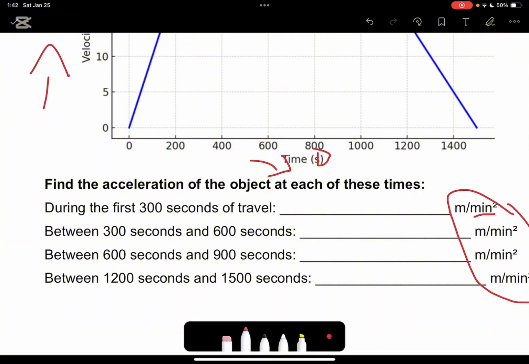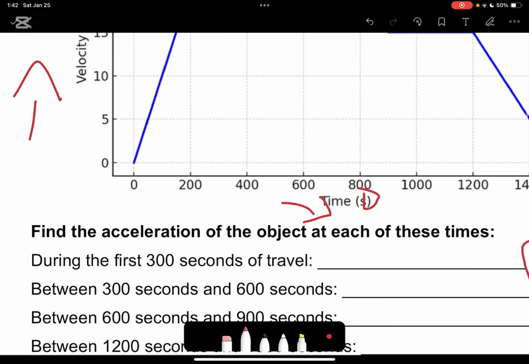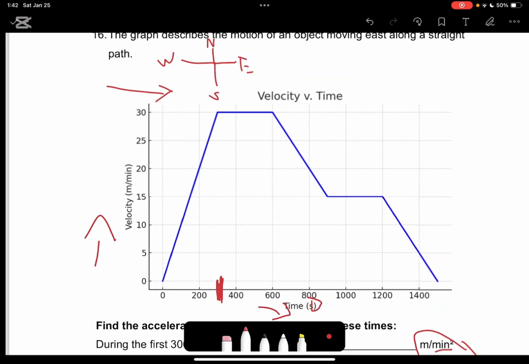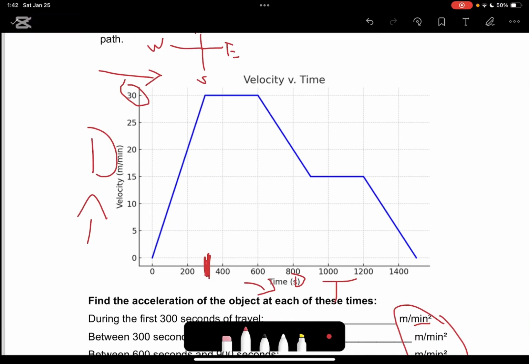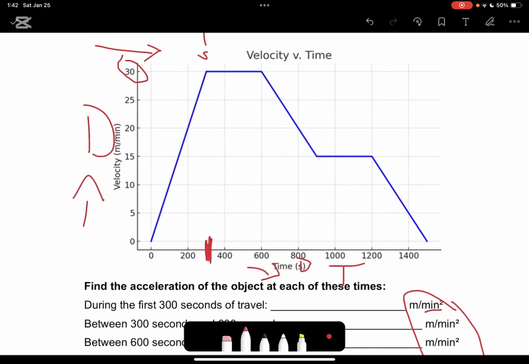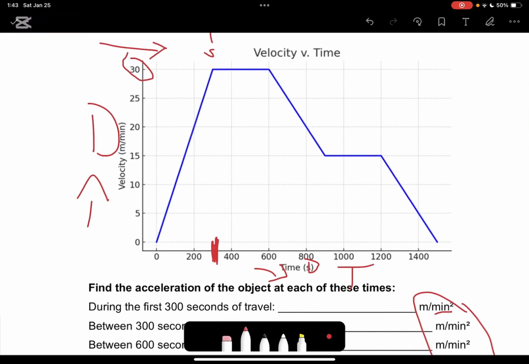During the first 300 seconds of travel, so approximately right here, it traveled with a velocity of 30. This one is the distance, this one is time.